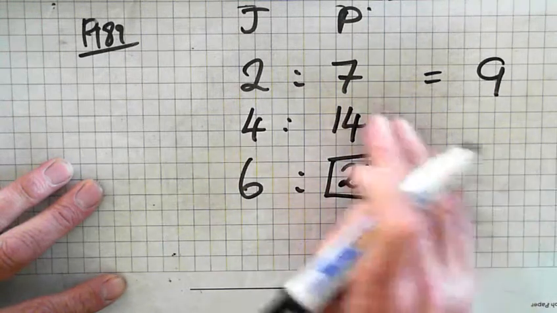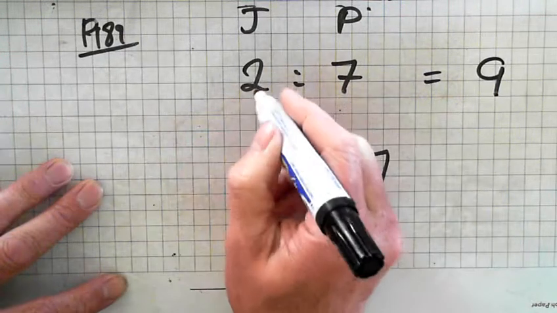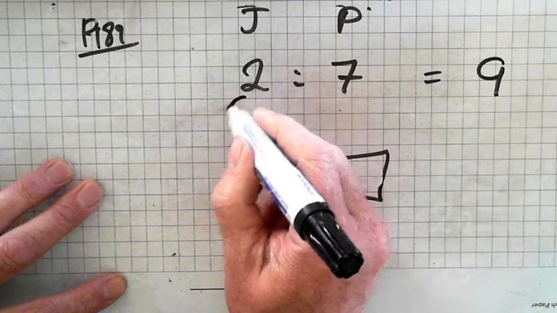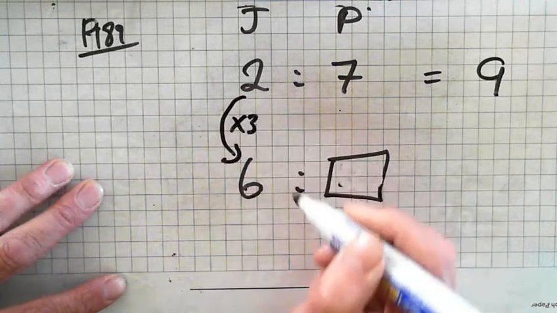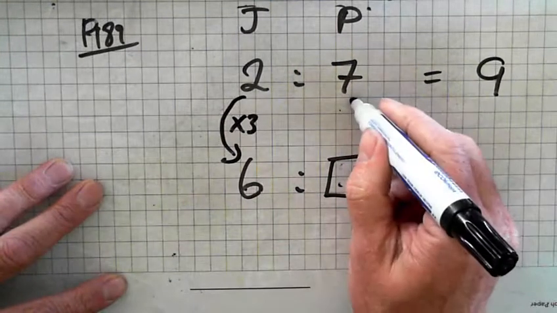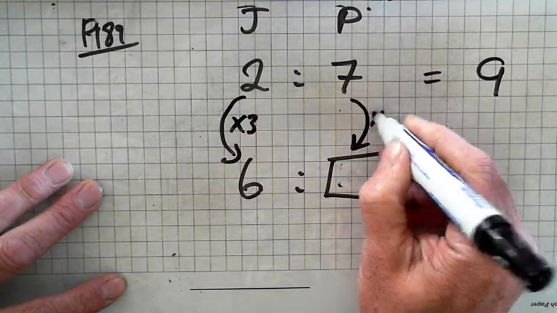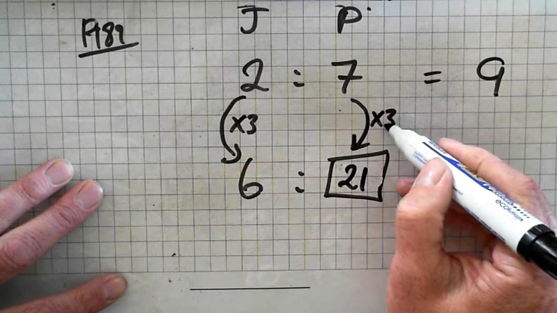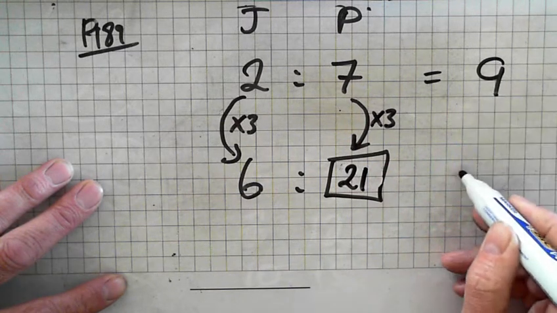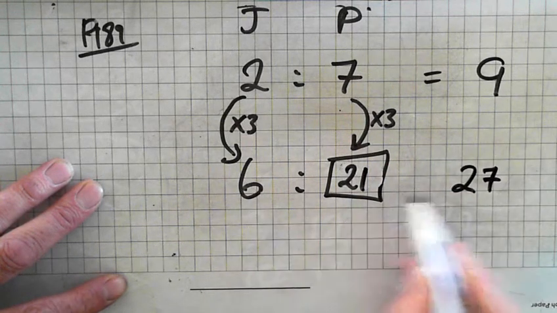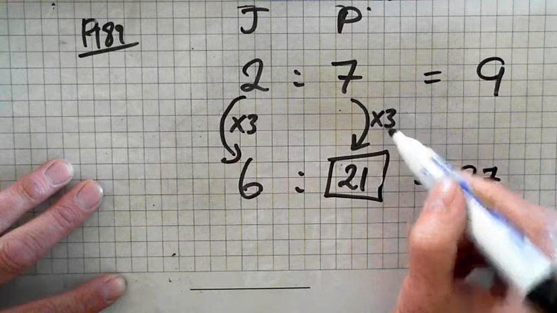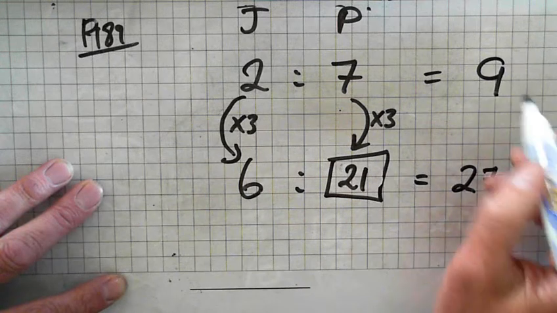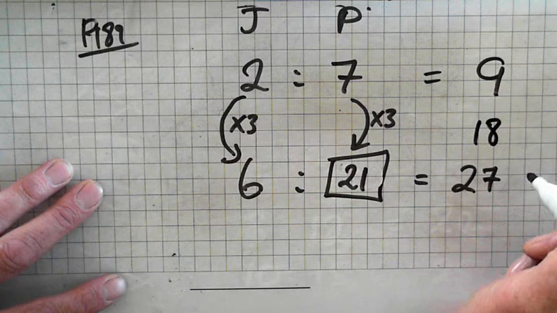What was the quick way of getting from there to there? Yeah, 2 times 3 gives me 6. And here, 7 times 3 gives me 21. 3 times 9 here is, if you add these two, you get 27, don't you? Or add those two, you should get 27. So 9, 27. And the middle one here is 18, isn't it?